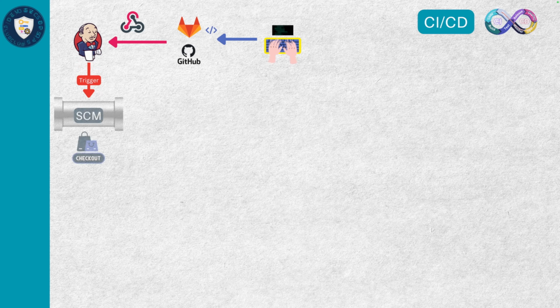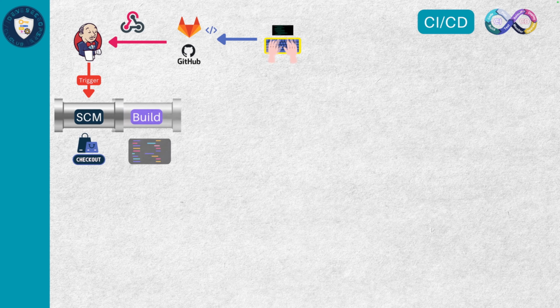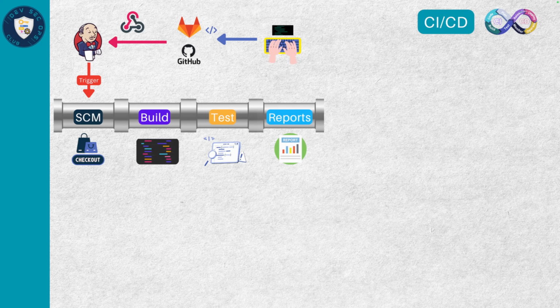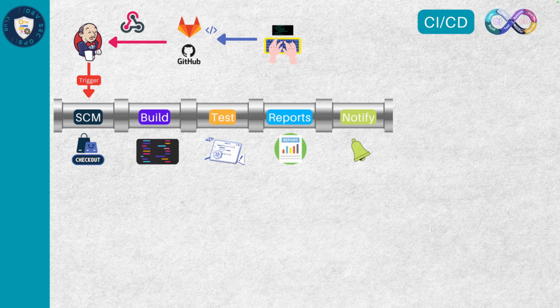It pulls the code from the remote repository, and then it starts the building stage, and after the building stage it performs the test stage, and after performing the testing it generates the reports, and those reports will be shared with the respective team.